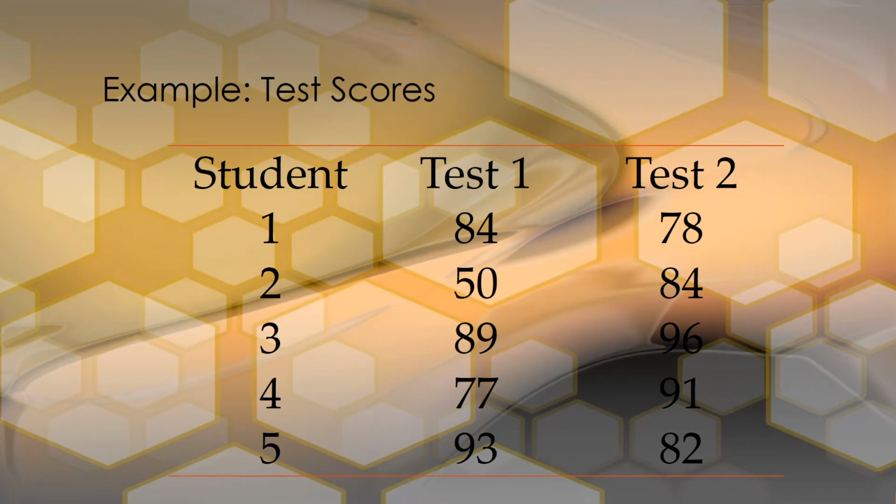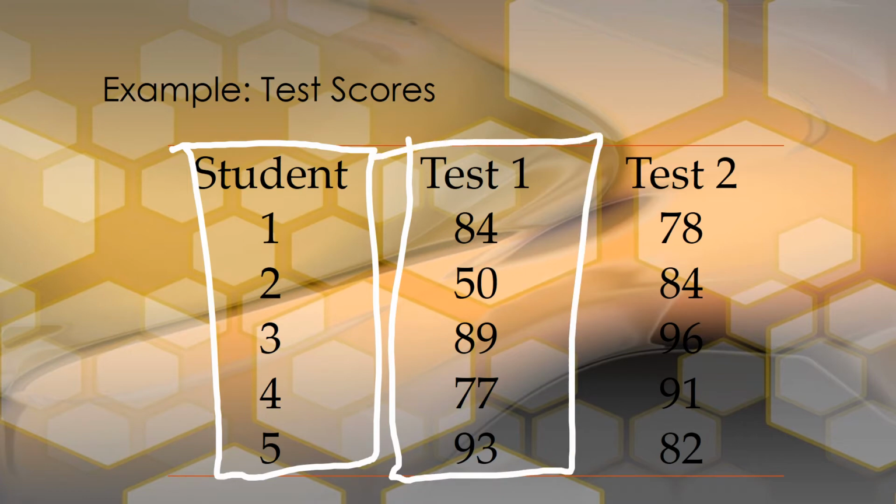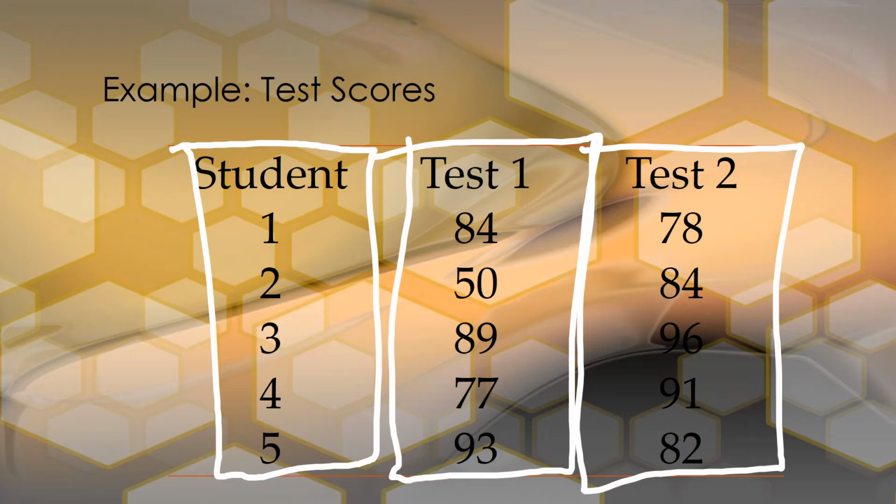So I'm going to use this data for an example, and it's a very small data set just because we're doing it by hand. We have 5 students here, and they took a midterm and a final, and here are their scores. So for example, this is student 1.